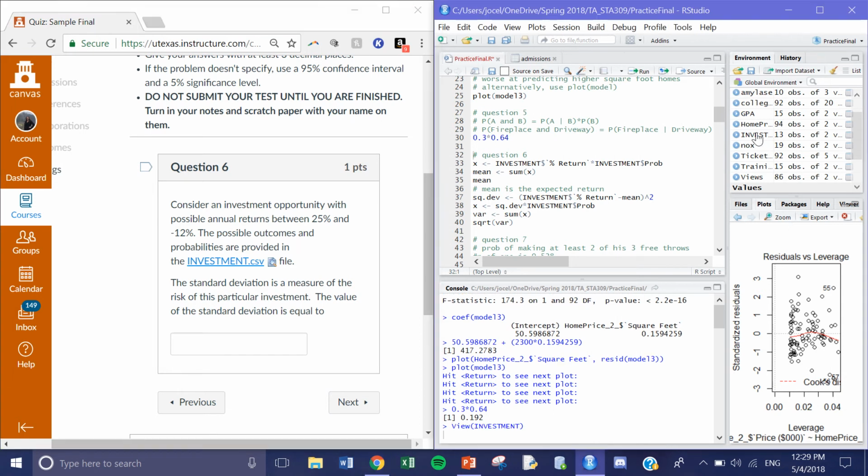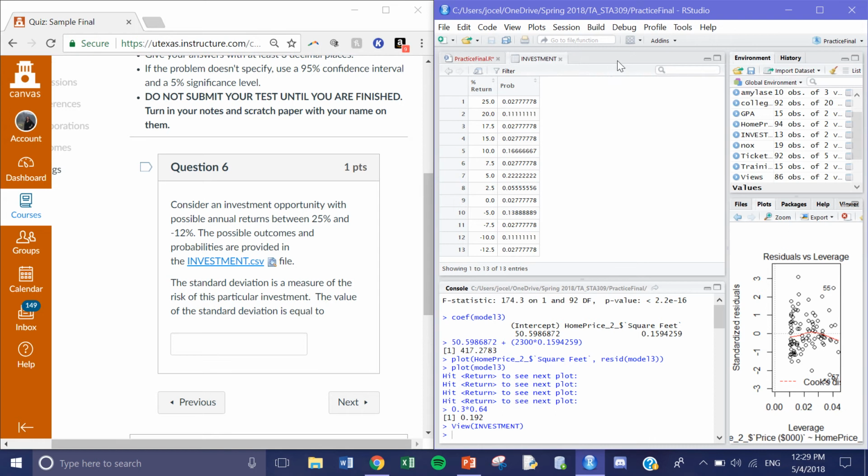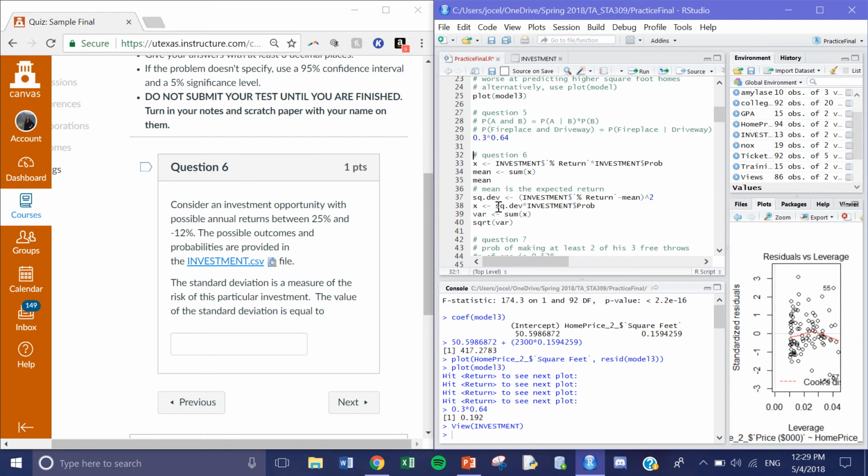So if we look at this investment data set, we see that these returns are not equally weighted. Some of them are more likely than others. That is why we cannot just use the standard deviation function. So we have to use code that accounts for the returns not being equally weighted.